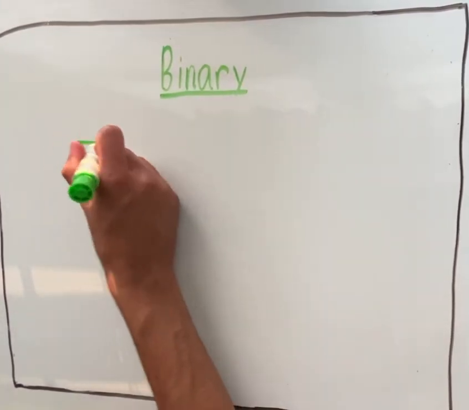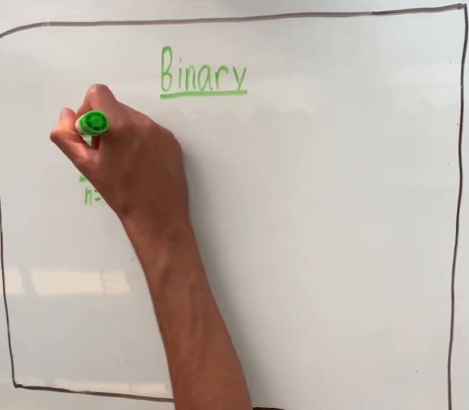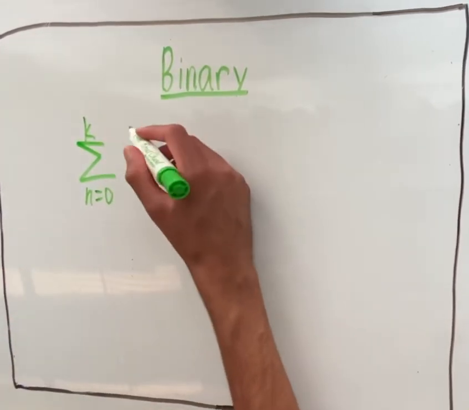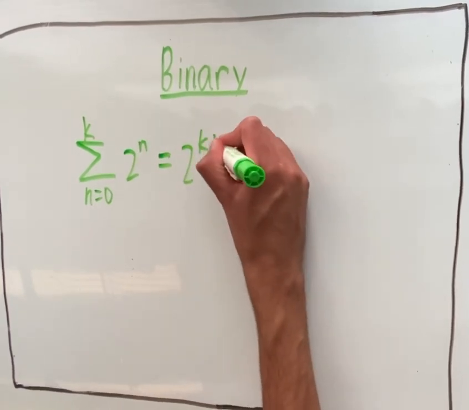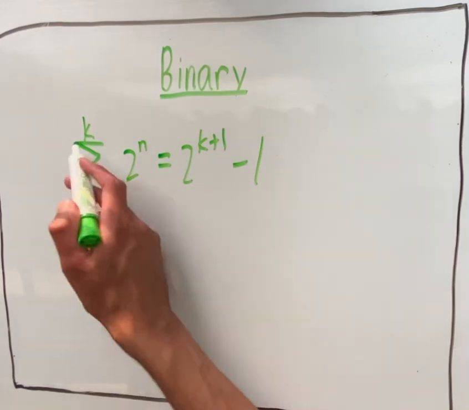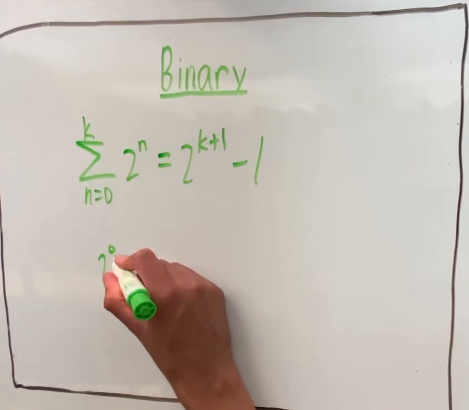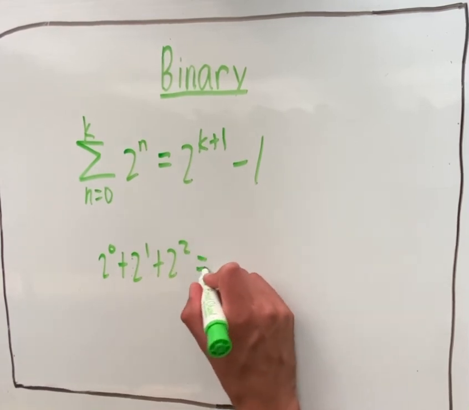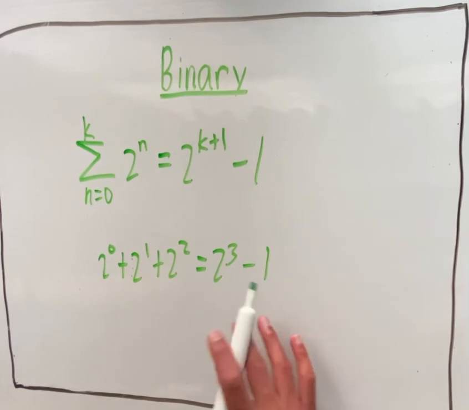It's that the sum from n equals 0 to k of 2 to the nth power equals 2 to the k plus 1 minus 1. And so again, this is in the case that we were just looking at, that was k equals 3. Actually, k equals 2. It was 2 to the 0 plus 2 to the 1 plus 2 squared equals 2 cubed minus 1. But you can do this on and on.